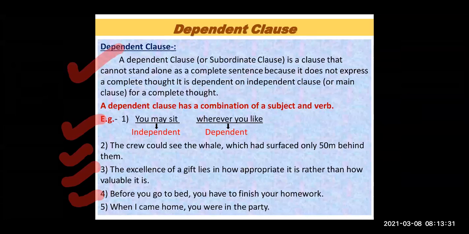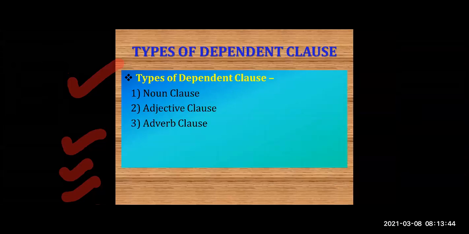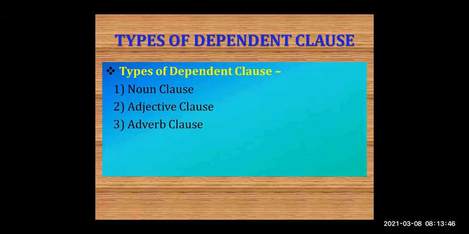Okay, so these are the examples and the definition of dependent clauses. Now we are going to move towards the types of dependent clauses. On the next slide, see the types of dependent clause.